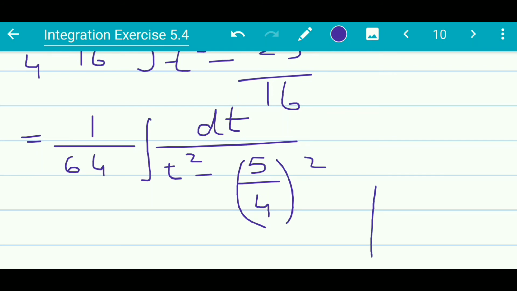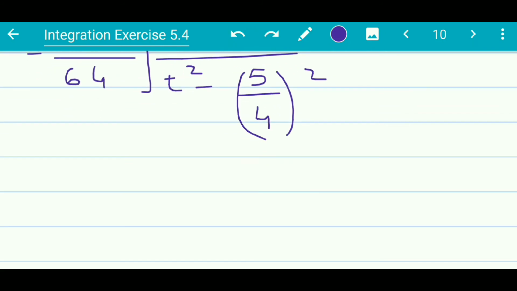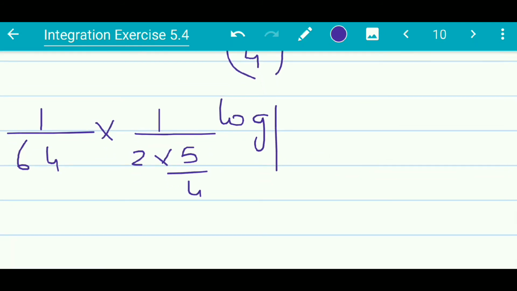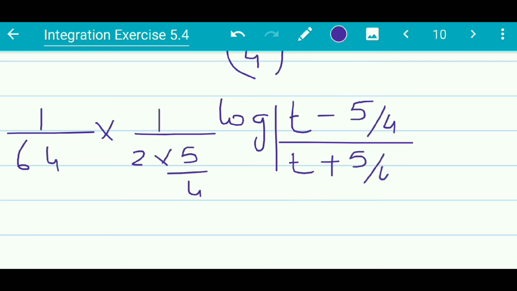Then we use again the first result and we get the answer like this, 1 upon 64 into 1 upon 2a, that is 2 into 5 upon 4 log mod of t minus 5 upon 4 upon t plus 5 upon 4 plus c.